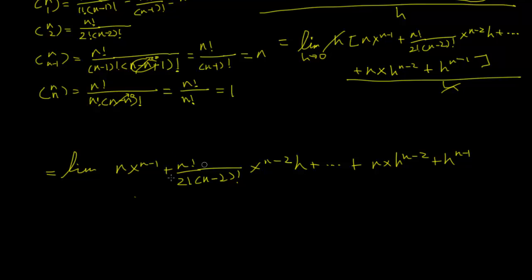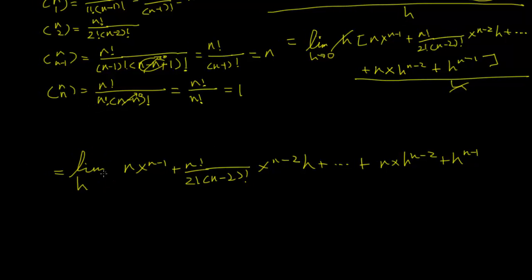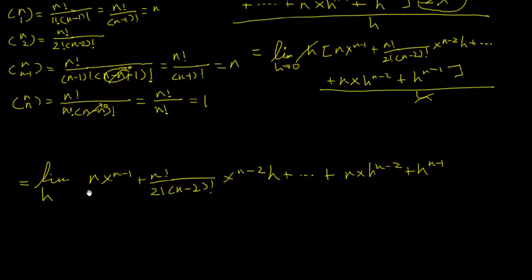It cancels out, so we don't have h anymore, and as h approaches 0, this h approaches 0. So the only thing left here is n times x to the n minus 1 power.